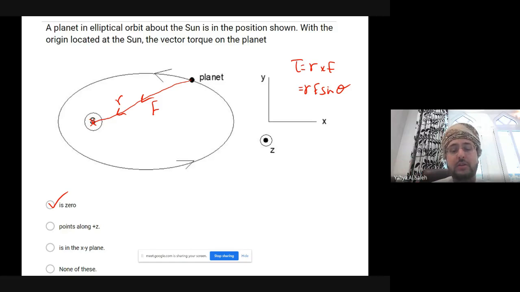A force causes a torque. The torque can be clockwise, anti-clockwise, but not the force, because it is a circular motion. And in circular motion, you have your centripetal force, which goes towards the center of the object.